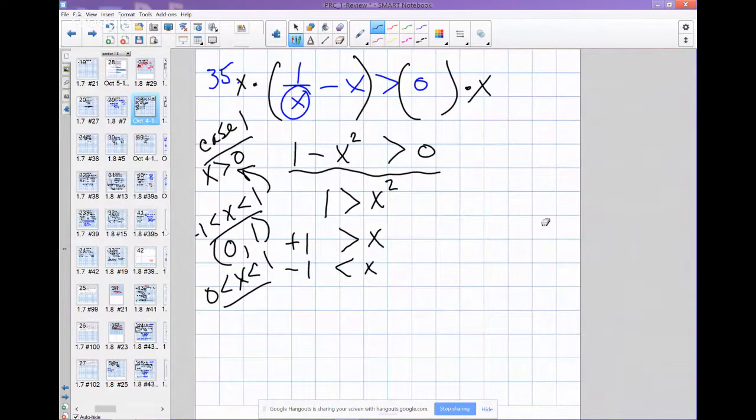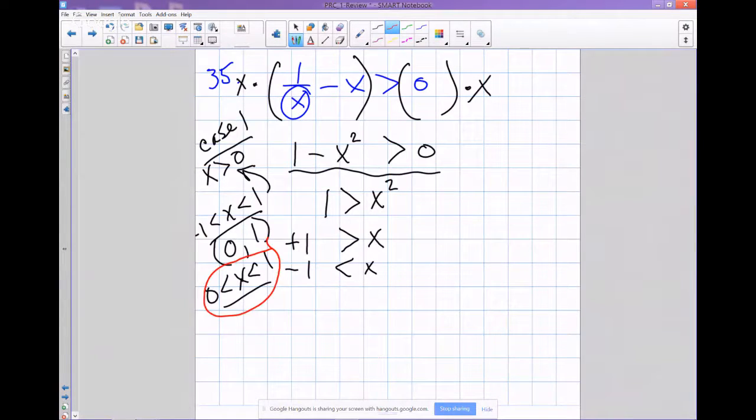Okay, so anyway, case 2 didn't work. So here's this thing that we found right down here, which was the final answer to case 1. There's my solution. And then finally you can graph it. Once you know all of that, 0, 1, and everything between those two.